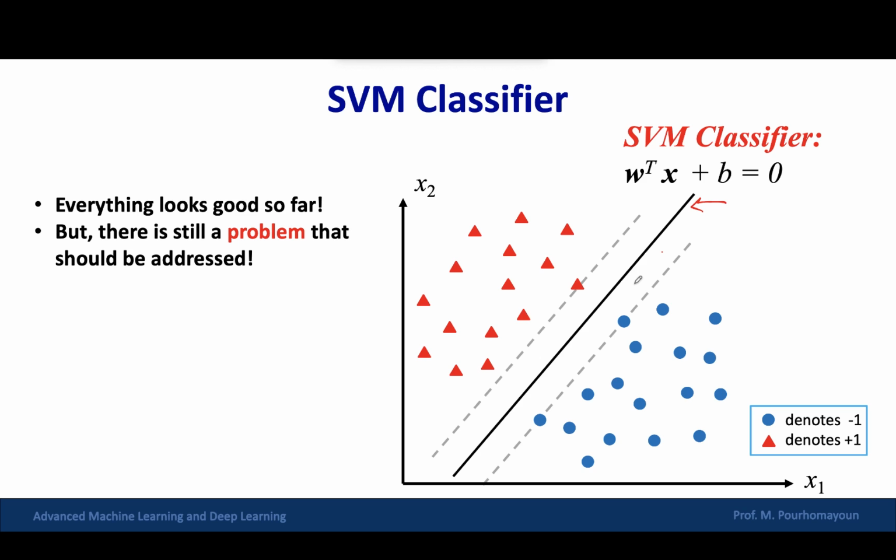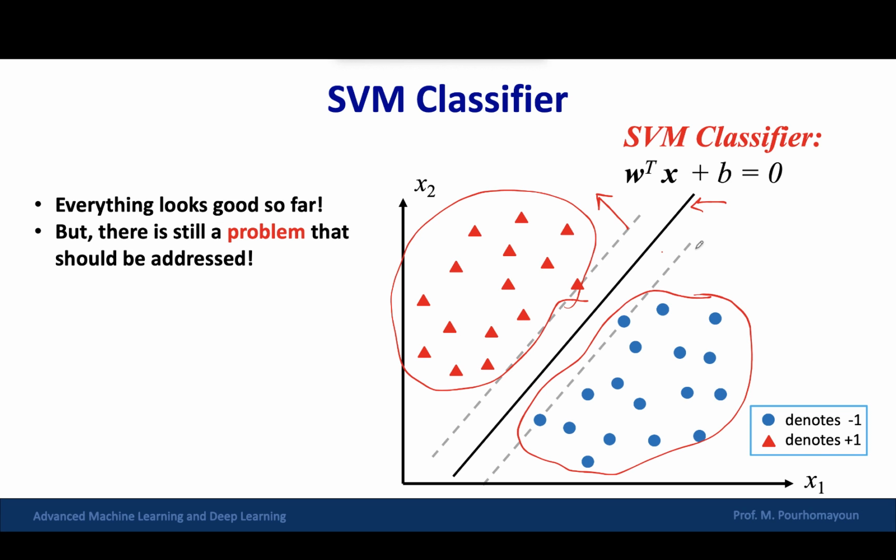In that problem, I made sure that every red sample is on the left-hand side of this line, and every blue sample is on the right-hand side of this line, and also that the distance between these two lines is as large as possible. This is what I did so far, but there is a big problem.